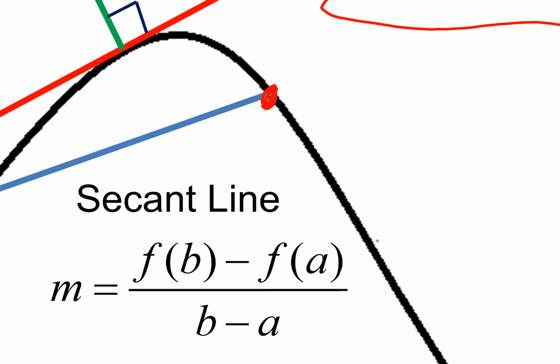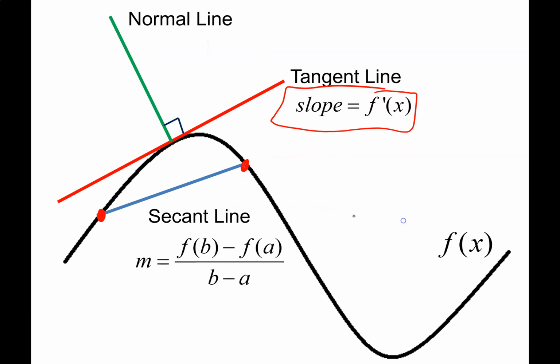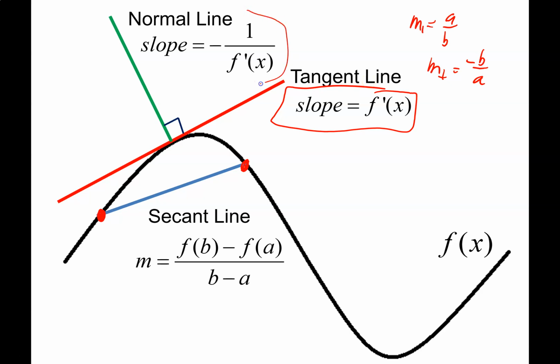And then our normal line: remember in algebra when we talked about lines being perpendicular, if slope number 1 was a over b, then the slope of the perpendicular was the negation of the reciprocal. So if the slope of the tangent line is f prime, the slope of the normal line is the reciprocal negated, 1 over negative f prime.